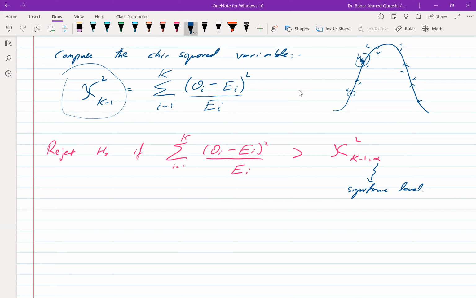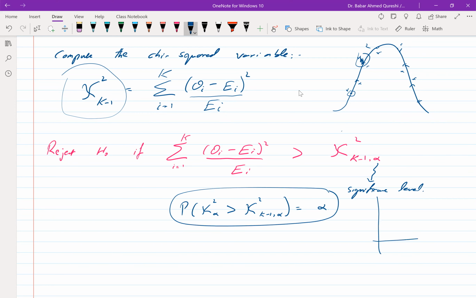As always, you are defining this critical value to be that value of the chi-square for which the chi-square taking a value larger than this number is just alpha.